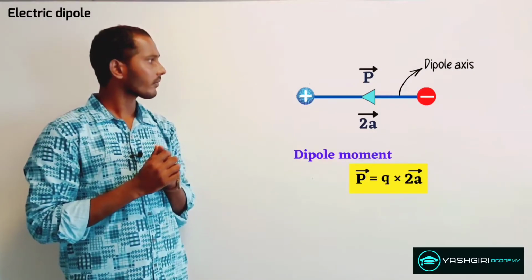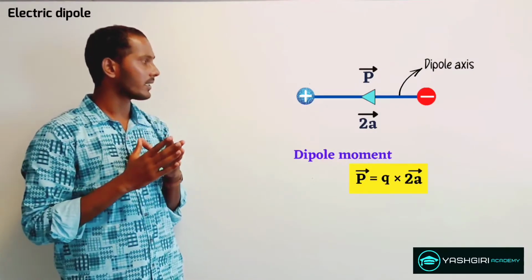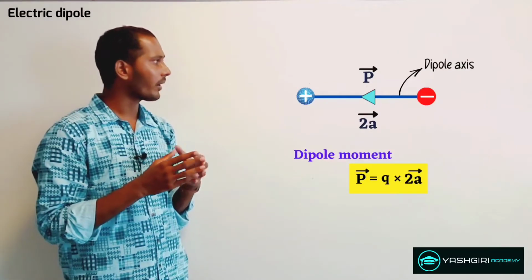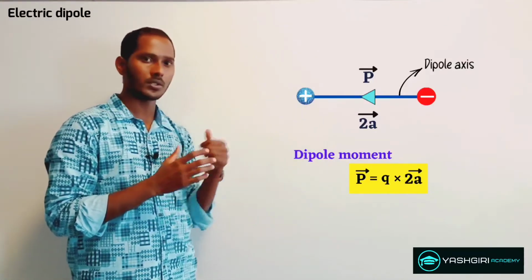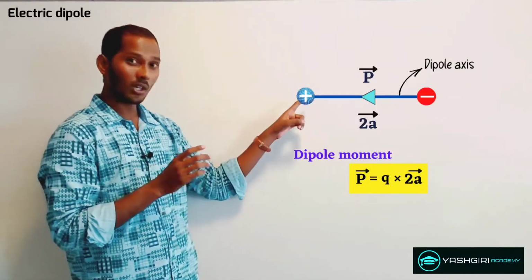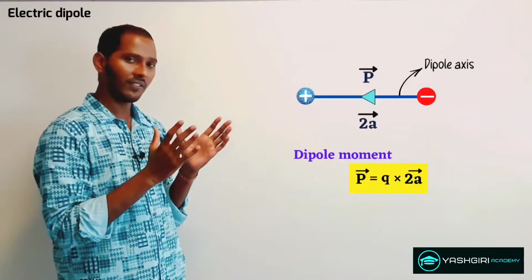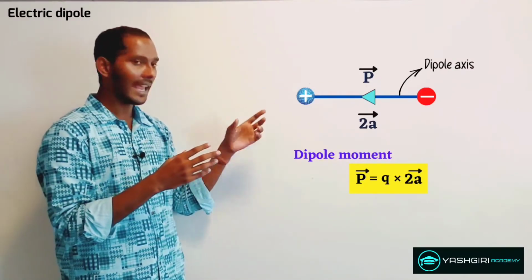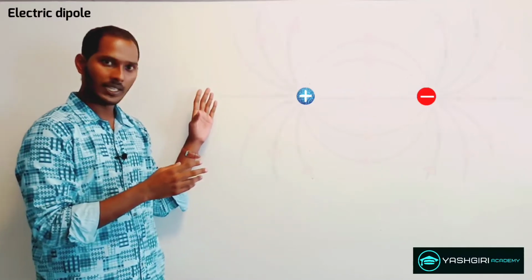Now, a point to note is that the direction of this dipole, I am drawing from negative towards the positive charge. So these are not my field lines. In fact, if I want to show the electric field lines of this electric dipole, it will look something like this.